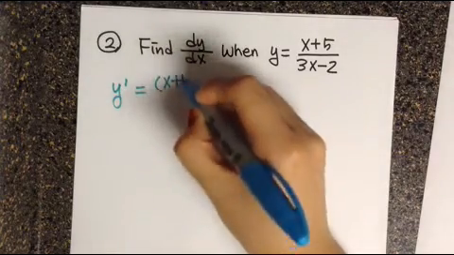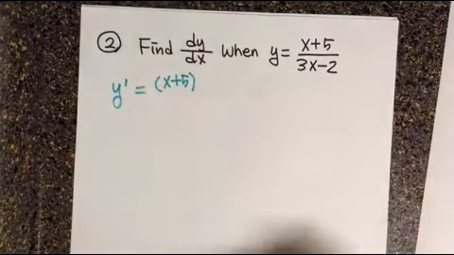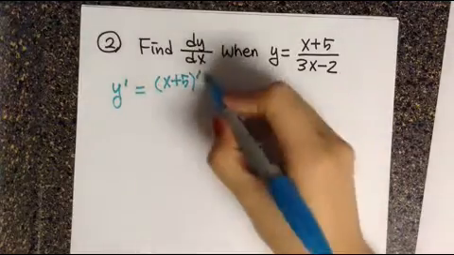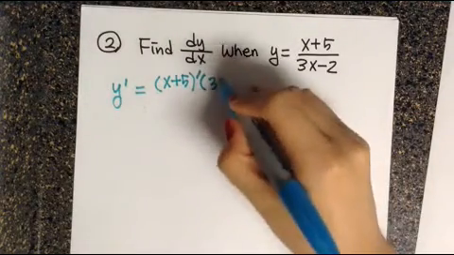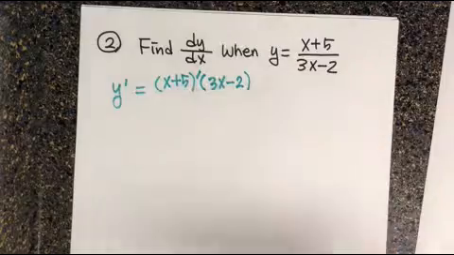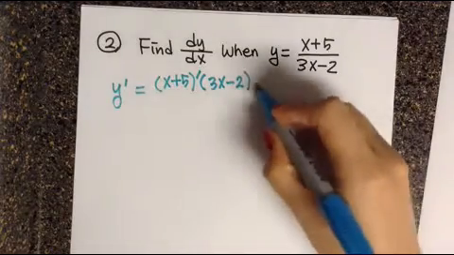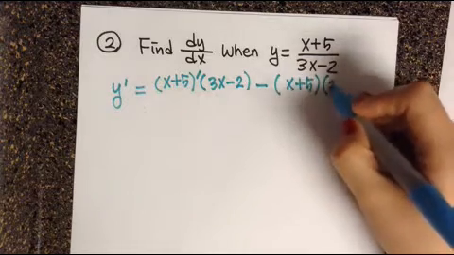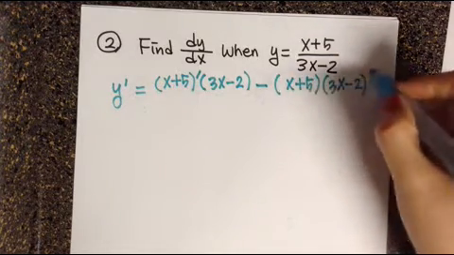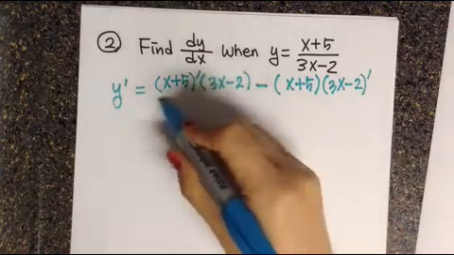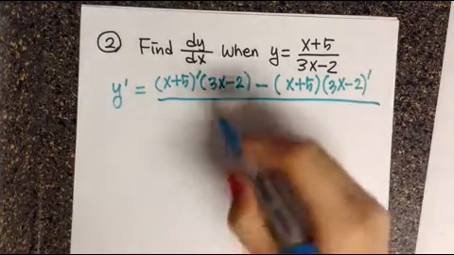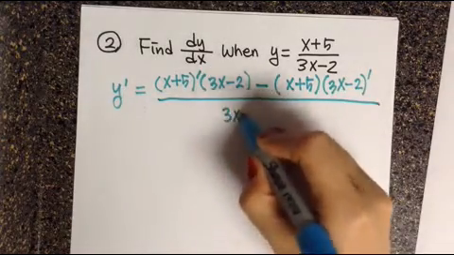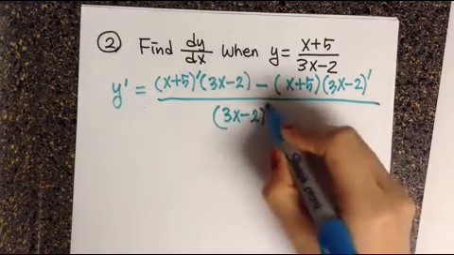X plus 5, which is the numerator, prime times 3x minus 2, the denominator, minus x plus 5 times 3x minus 2 prime, all over 3x minus 2 squared.